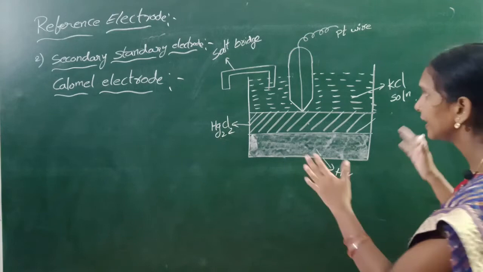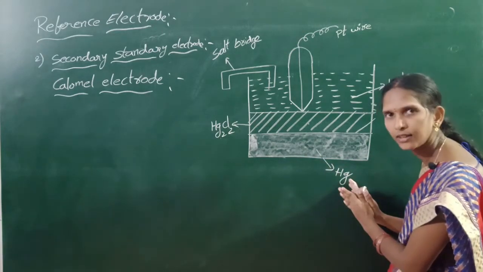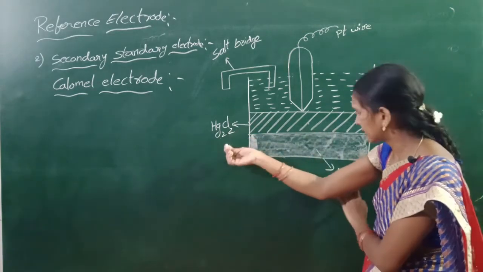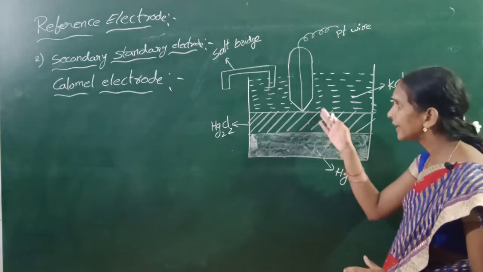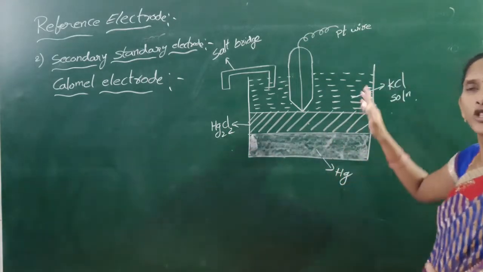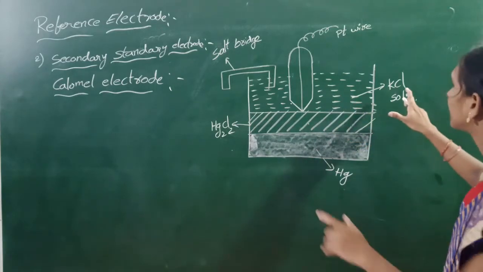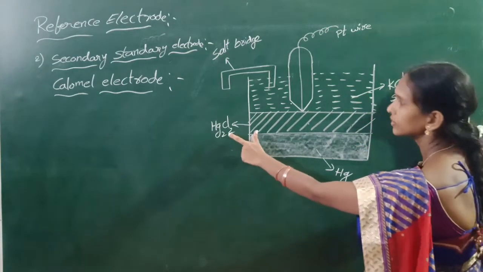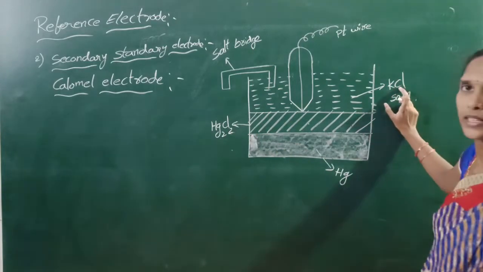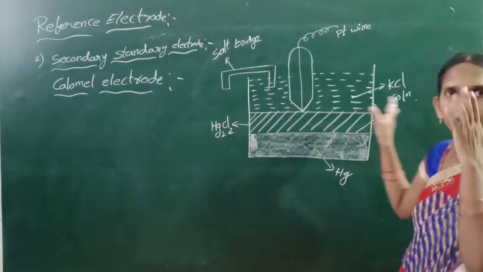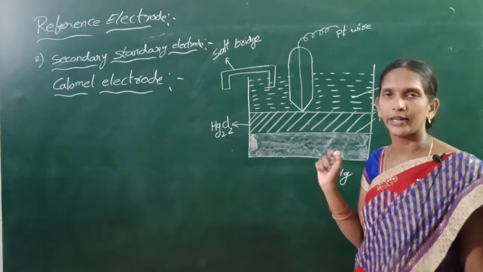That is, it is dipped in KCl solution, having Cl minus, the same anions as in the metal salt.